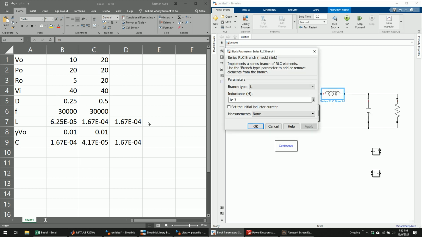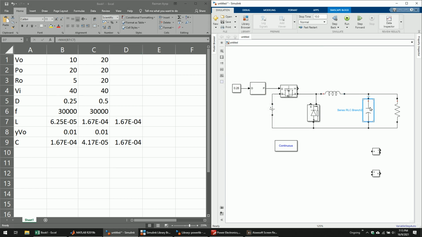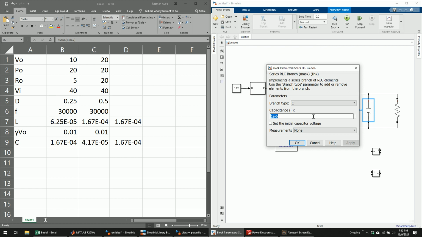For the inductor, remember you have to choose the larger one. So just copy it, 1.67E negative 4. Same here for the capacitor, just copy it, 1.67E negative 4. So both are the same value.